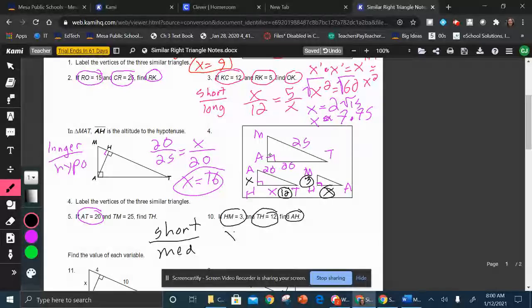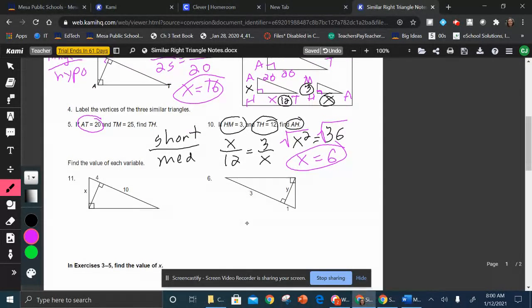So x over 12 is equal to 3 over x. Cross multiply and divide. x times x is x squared, and 3 times 12 is 36. We take the square root of both sides. The square root of 36 is 6.